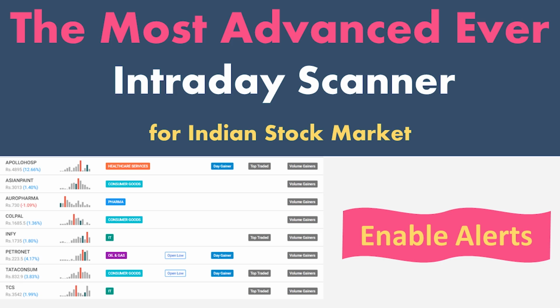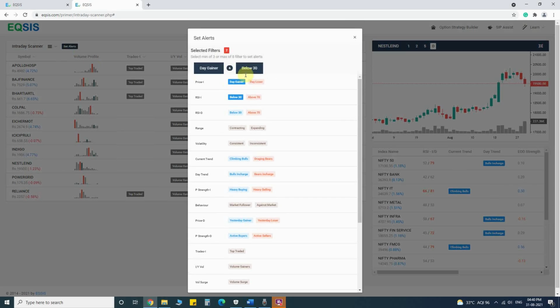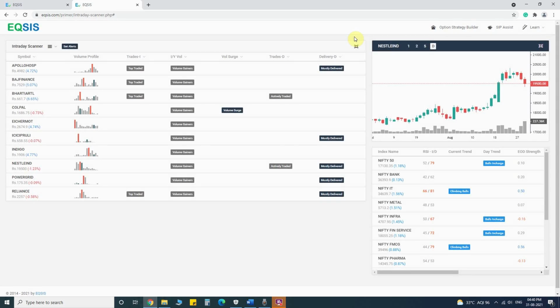Okay, the next feature is setting alerts. This is a very interesting feature. I've taken this default. Let's say I go for a break, I go for lunch, and meanwhile I may be tracking some combinations on which I trade.